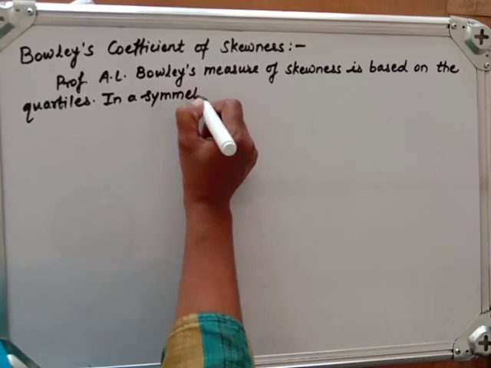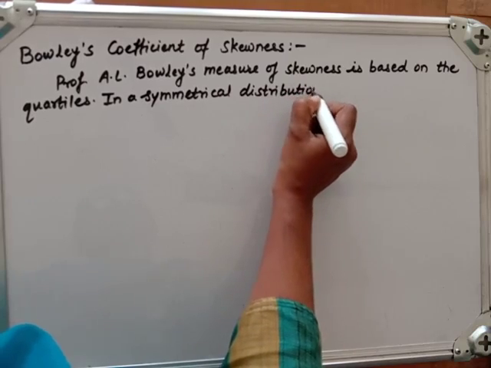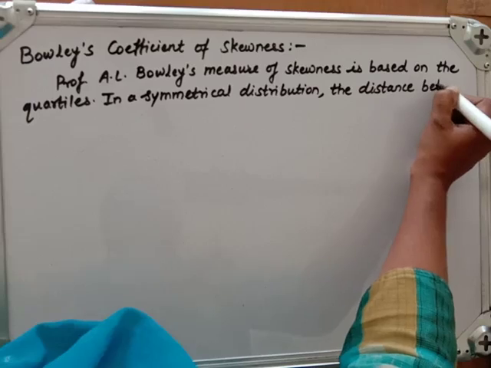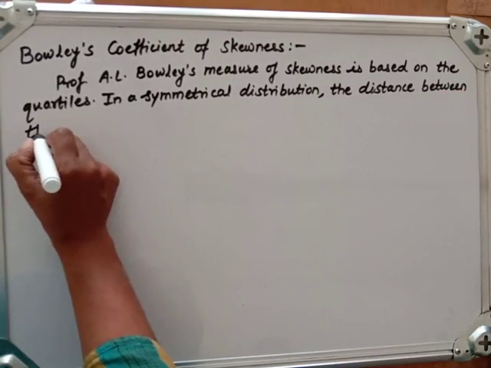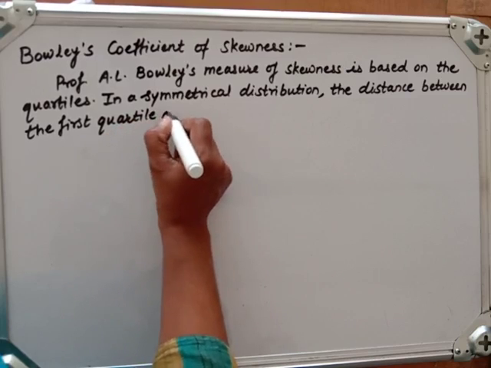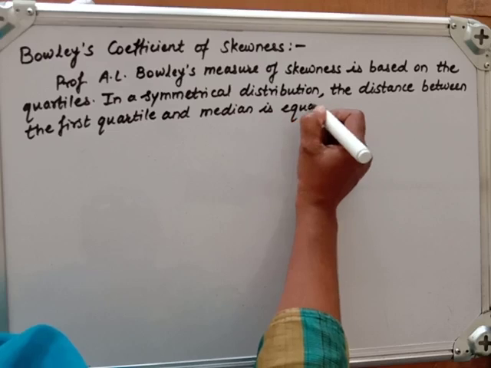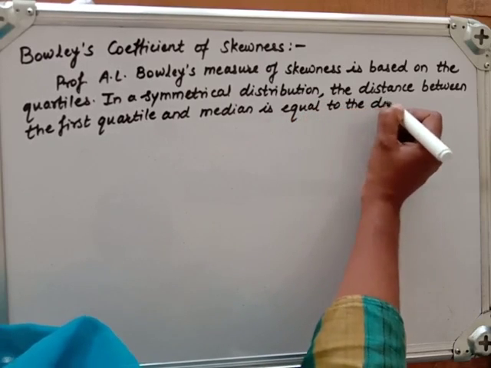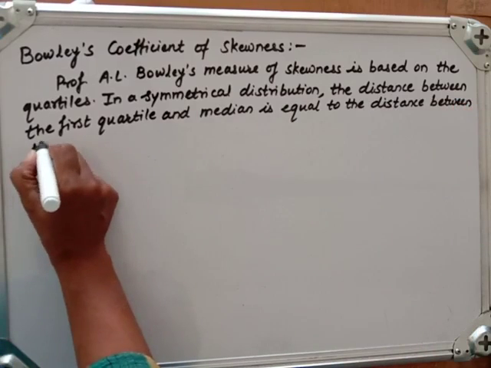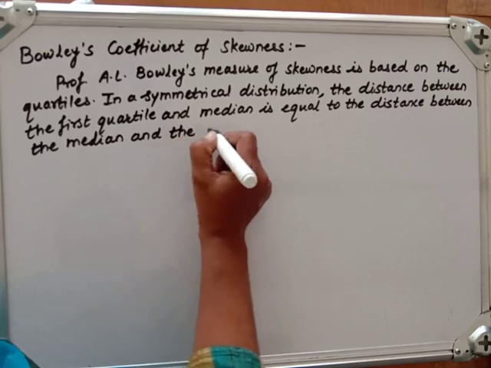In a symmetrical distribution, the distance between the first quartile and median is equal to the distance between the median and the third quartile.